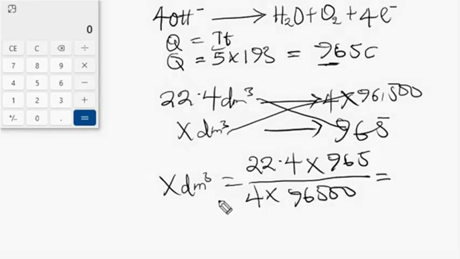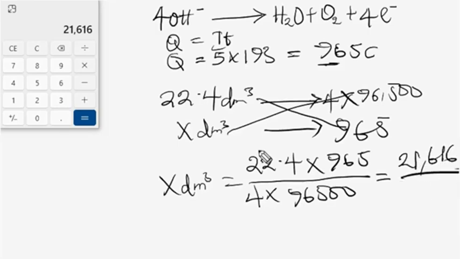Here we are going to solve this together. 22.4 dm cube times 965 coulombs will be 21,616.